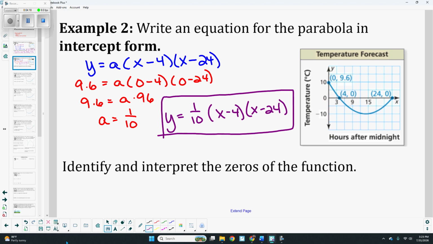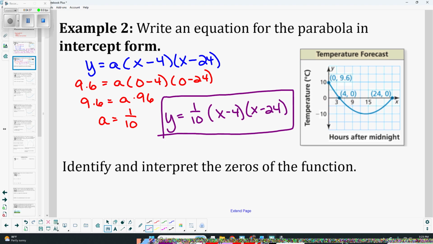So now we want to identify and interpret the zeros of the function. So the zeros of the function are when y equals 0. So the zeros of the function are when the temperature is 0 degrees. So we want to talk about the x values when the temperature is 0 degrees.